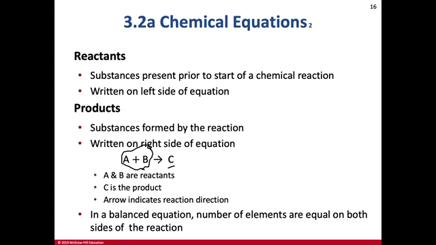The direction of the reaction is indicated by an arrow. Sometimes you'll see a double arrow, which indicates that the reaction can go in either direction, and that indicates something known as an equilibrium reaction, okay? And we always obey the first law of thermodynamics, which says that in a balanced equation, the number of atoms of a particular type on the left side are equal to the number of atoms of that particular type on the right side, okay?